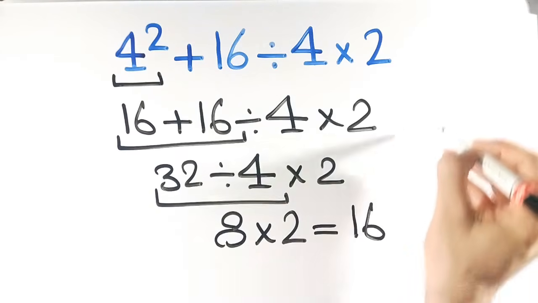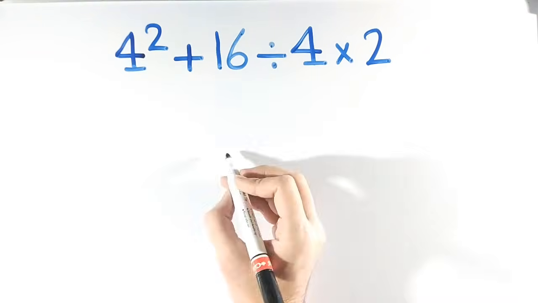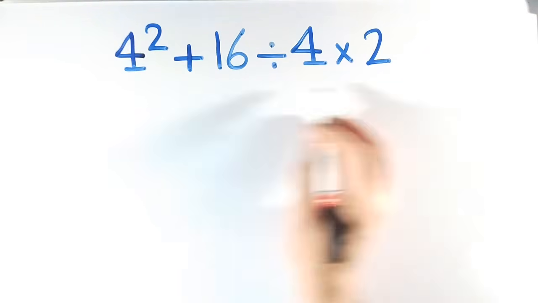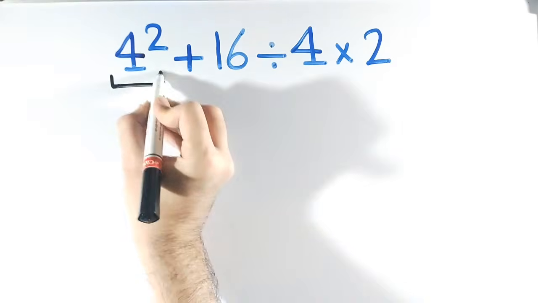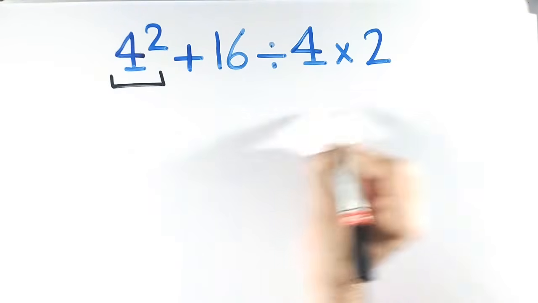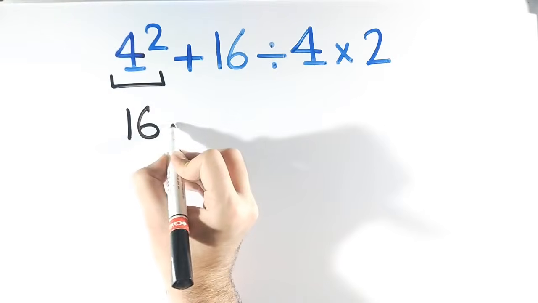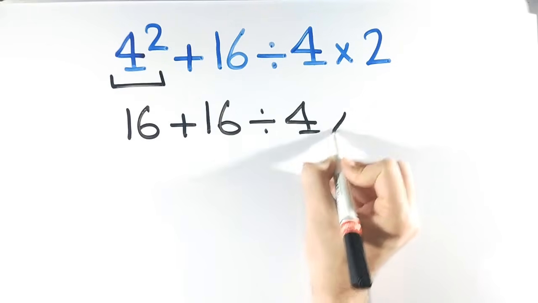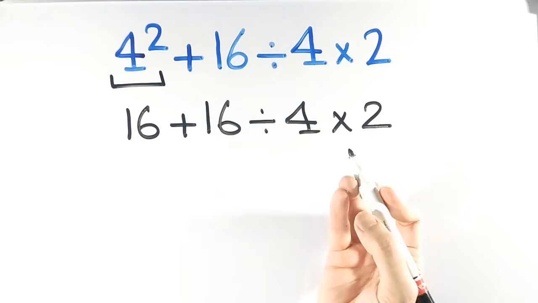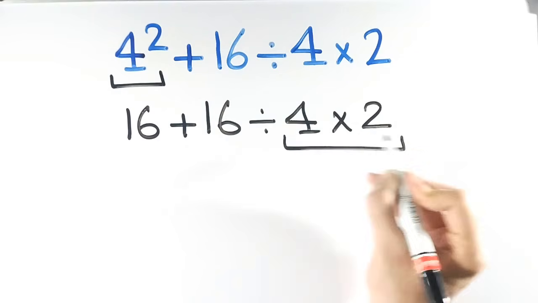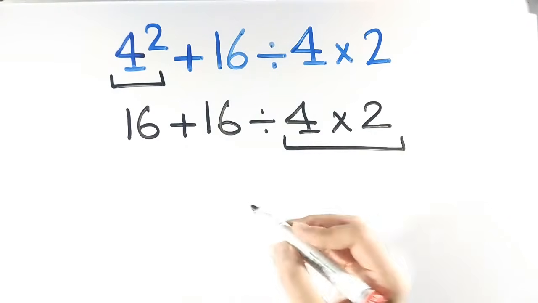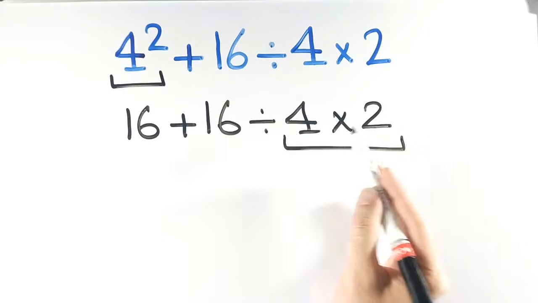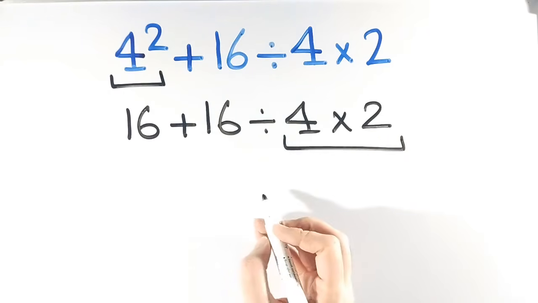But this answer is completely wrong. Also, some other people when solving this question first go for the exponent, and instead of this expression, they write 16 plus 16 divided by 4 multiplied by 2. And the next step, they go for the multiplication between 4 and 2 because they think multiplication has priority over division.